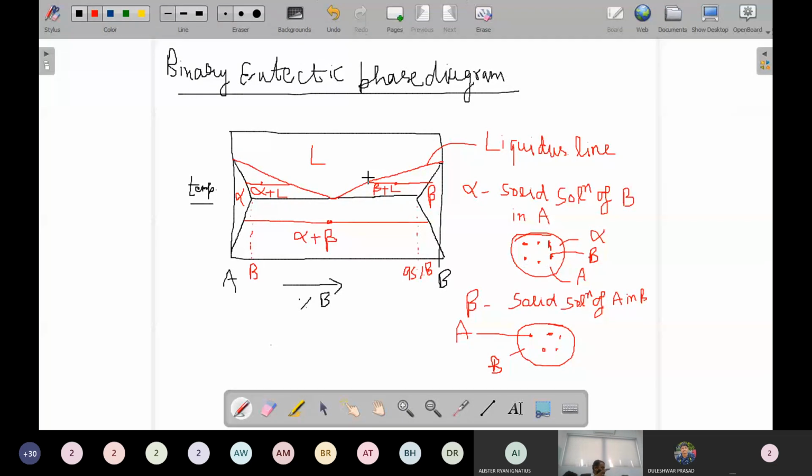Now let us discuss the lines. So we have seen that this line is known as the liquidus line. Okay, and this line, let me draw this line from here to here with blue color. So first let me erase it.